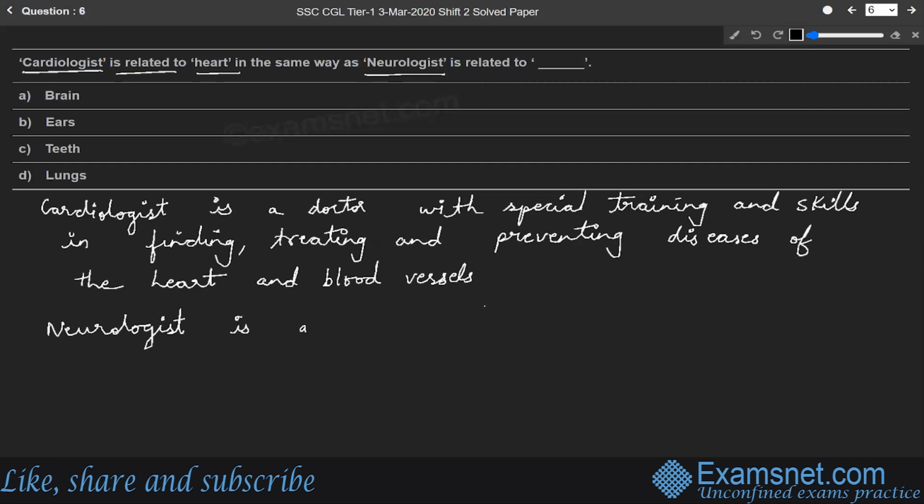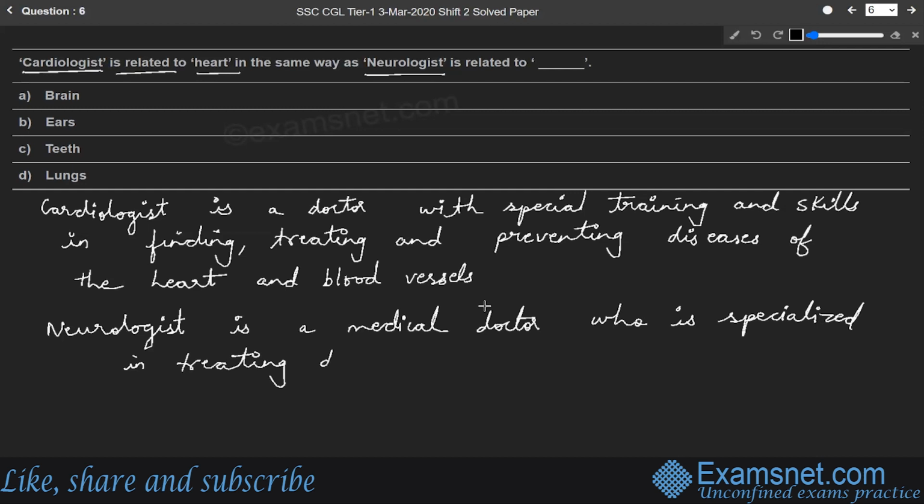Neurologist is a medical doctor who is specialized in treating diseases of the nervous system. As the word implies, neuro means nerves. So neurologist is a medical doctor for treating the diseases of nervous system.